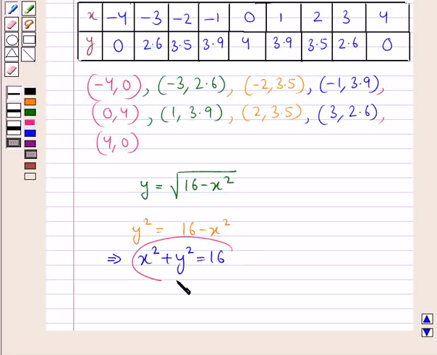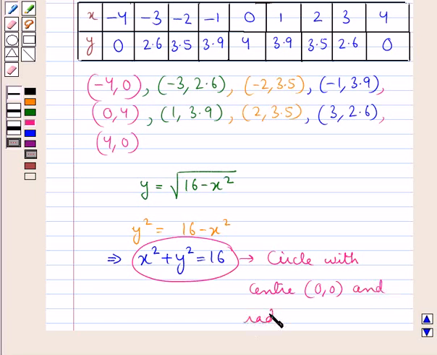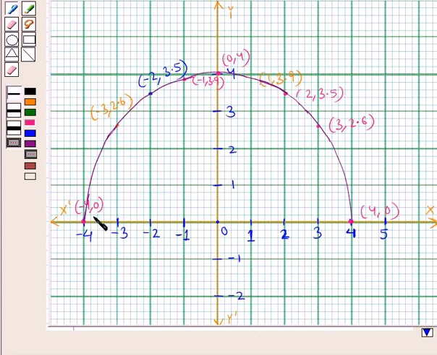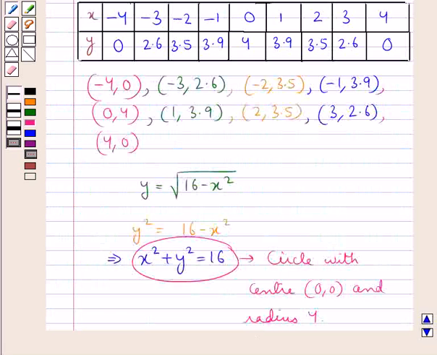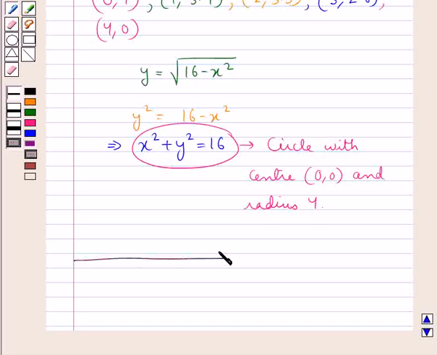This equation represents a circle with center 0, 0 and radius 4. And graph of this function as we have drawn is the upper half of this circle, that is x square plus y square equal to 16. So this completes the sketching of the graph. Hope you have understood the solution of this question.